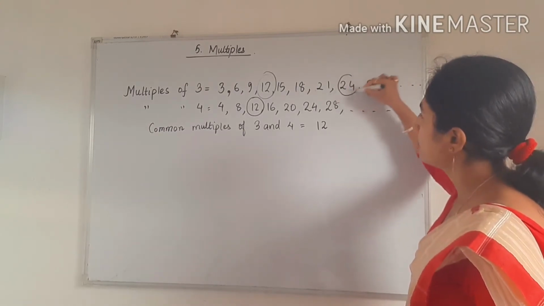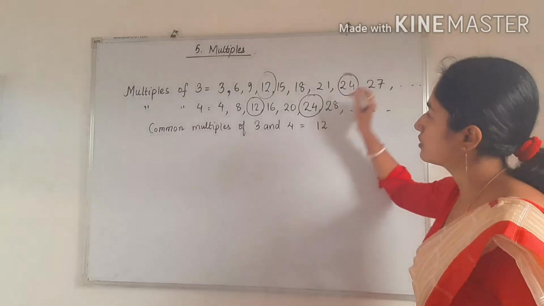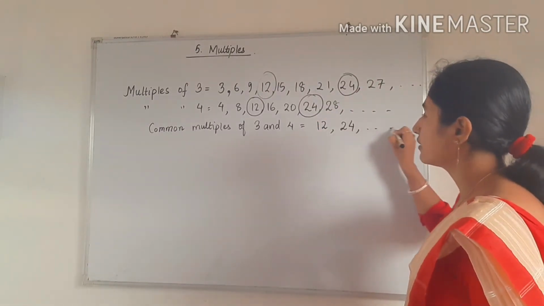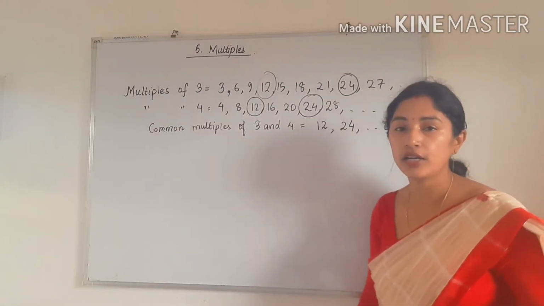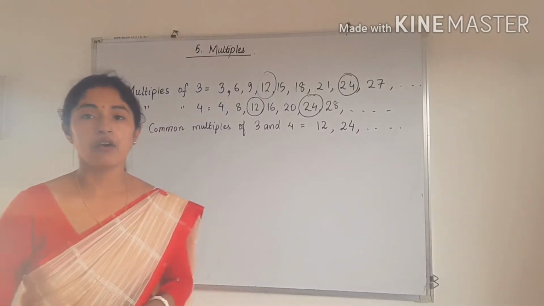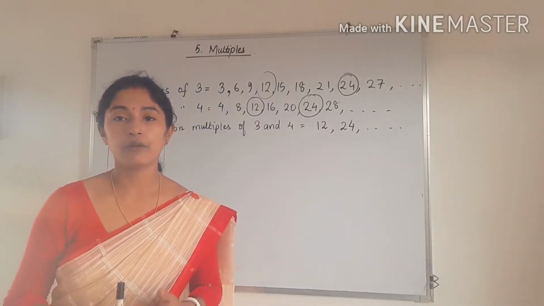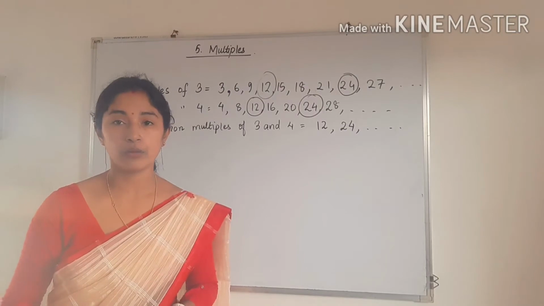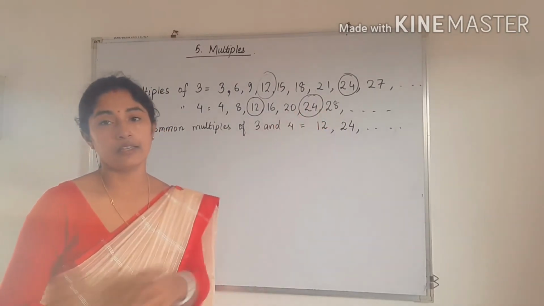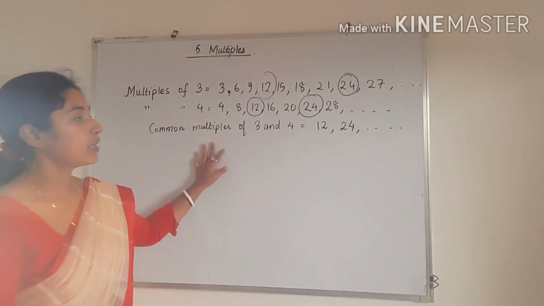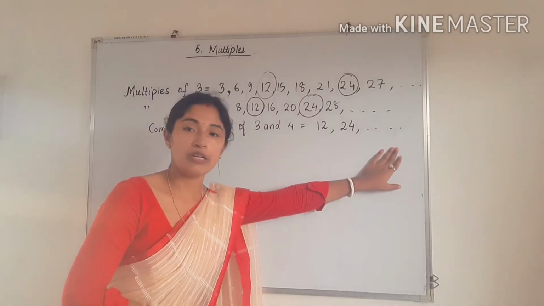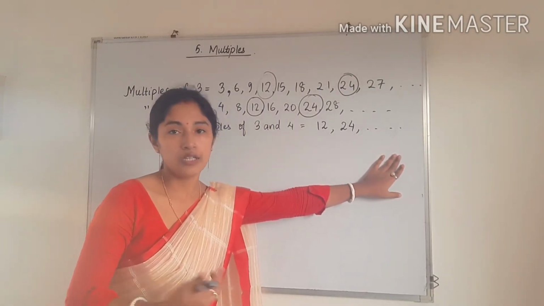The second common multiple is 24. Like that we can find many common multiples of 3 and 4. That means the multiples of any number are infinite, uncountable. We cannot count them. They will go on like that. So the common multiples of 3 and 4 are 12, 24, and so on. You will get more common multiples of any two or three numbers.